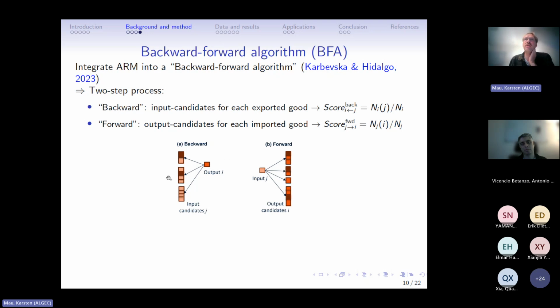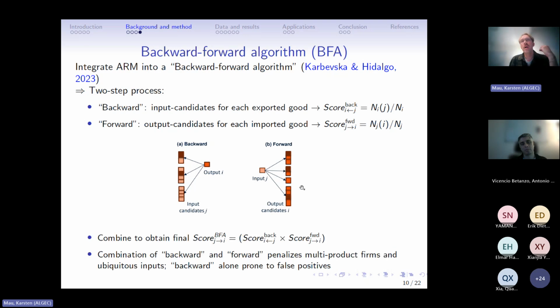But in principle, we get these two scores, which are not necessarily inflated, and then we are combining the two to obtain an overall score that gives us sort of a weighted probability that J is an input for product I. Right, so this is basically our approach.